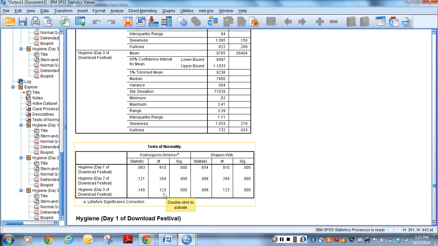So one piece of advice that I could give you: it's always very helpful, before you begin analyzing your data, to look through your data set very carefully, especially if it's someone else's data set, or maybe you just need to refresh your memory on the characteristics of your data set.